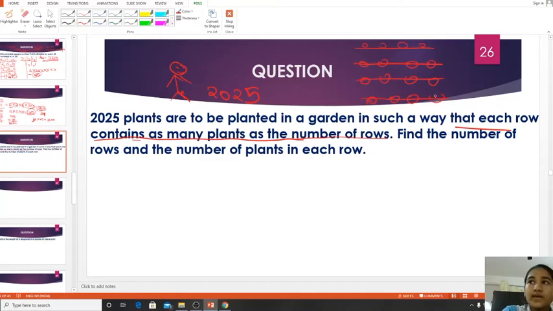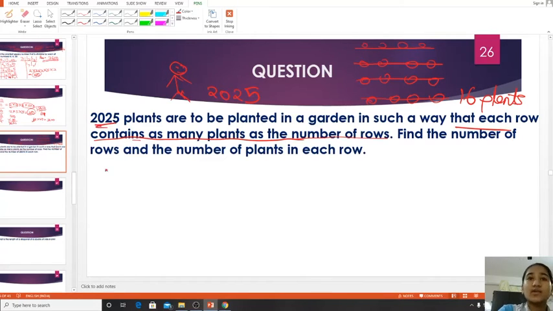Then the next thing, find the number of rows and number of plants in each row. So if there are going to be 4 rows and 4 plants in each row, then it's not going to suit, because in all we'll be able to plant only 16 plants. But he wants to plant 2025 plants.